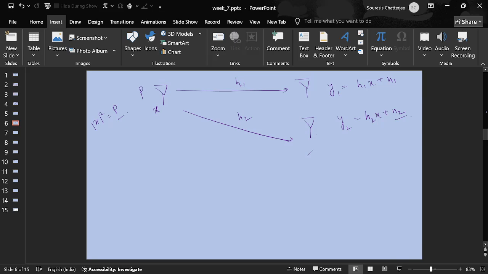The combined SNR increases. Okay, so does the SNR increase automatically, or do I need to combine it in a specific manner? For example, I am given Y1 and Y2. So what do I do now? You can use the MRC. And what does MRC stand for? Maximum ratio combiner. Okay.